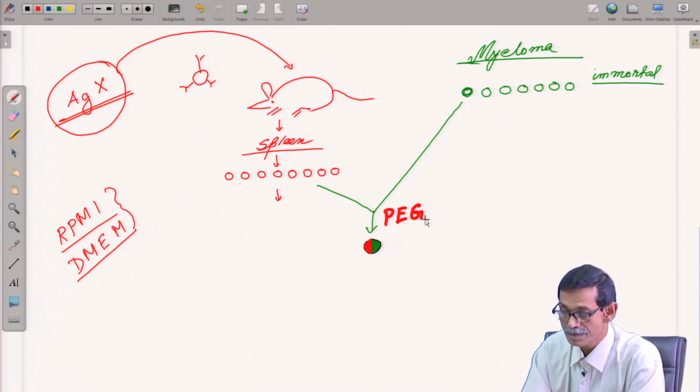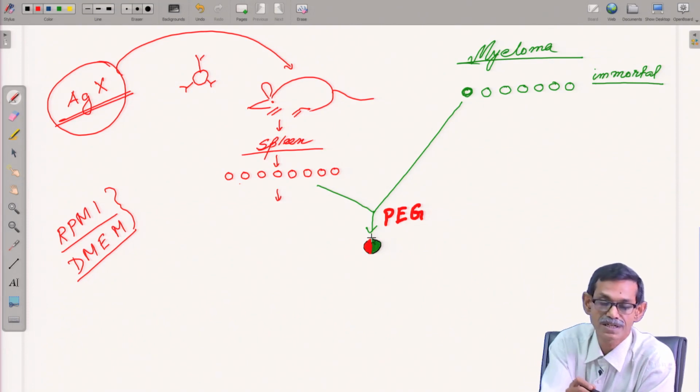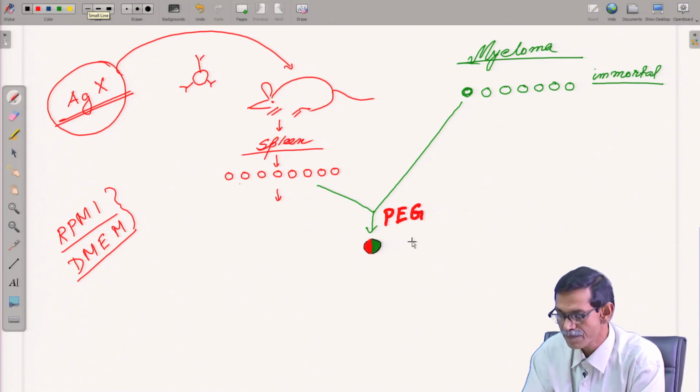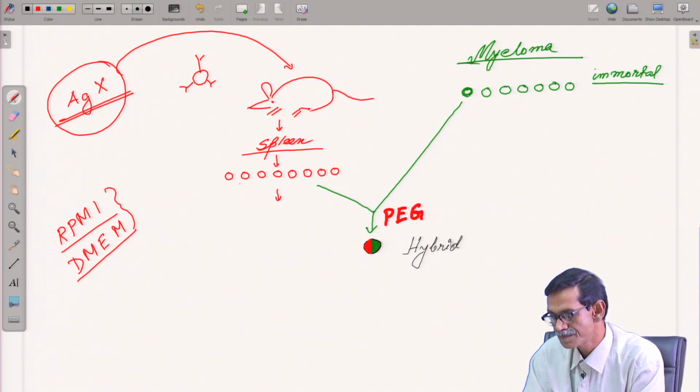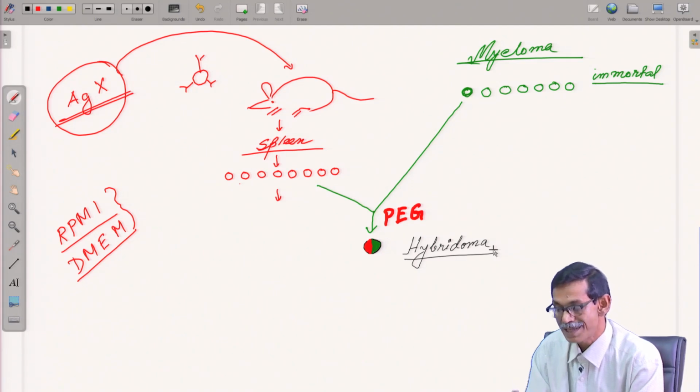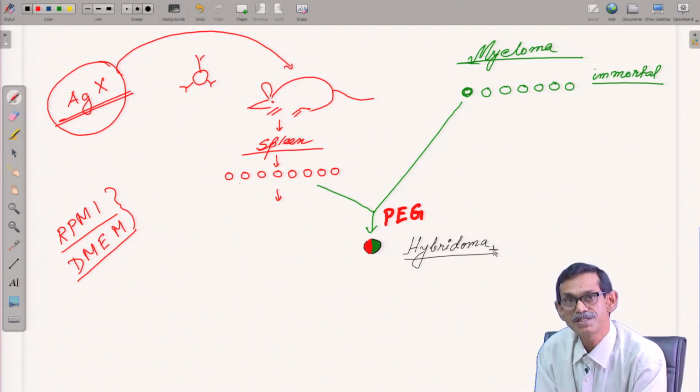Okay. So, now this kind of hybrid cell is generated, and that is why this technology is also called hybridoma technology. But now what will happen if you give PEG?